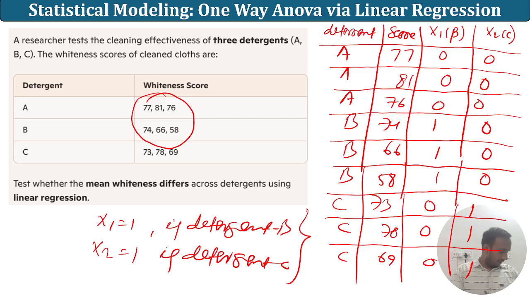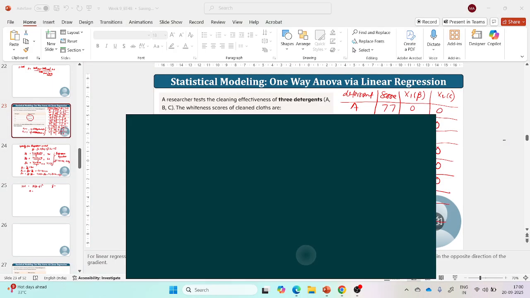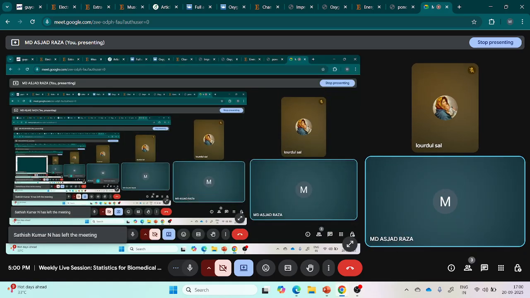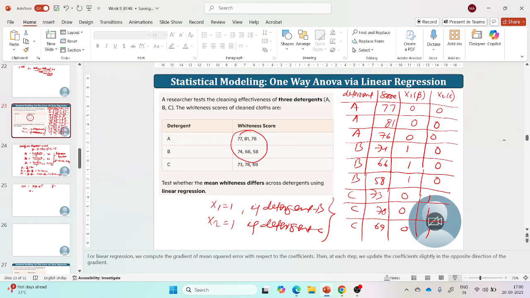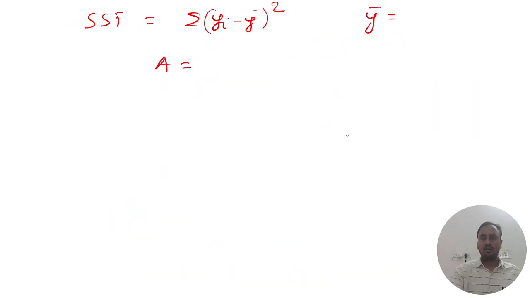Let me see where the value actually is. We have the value, that's the y bar.